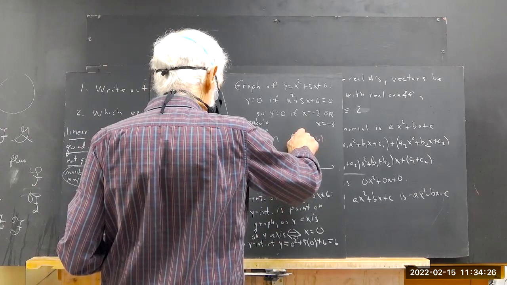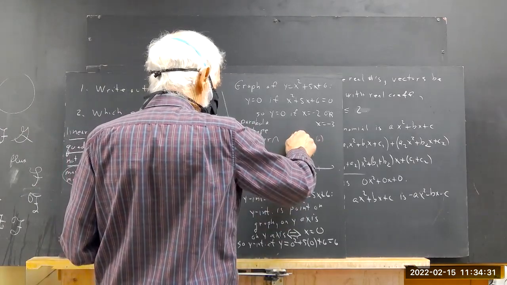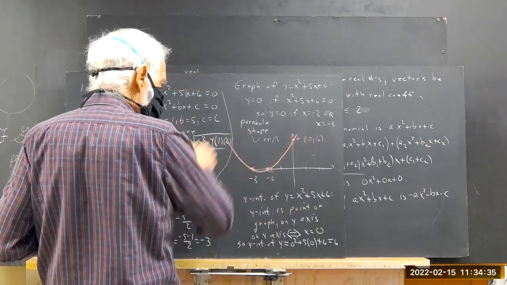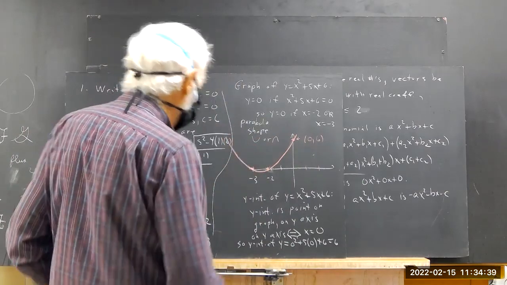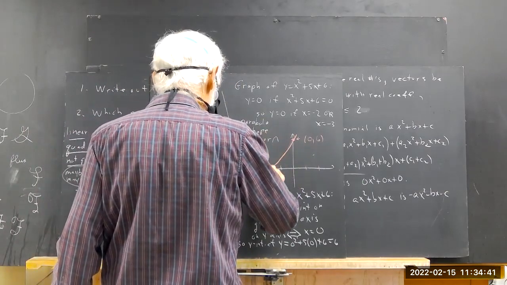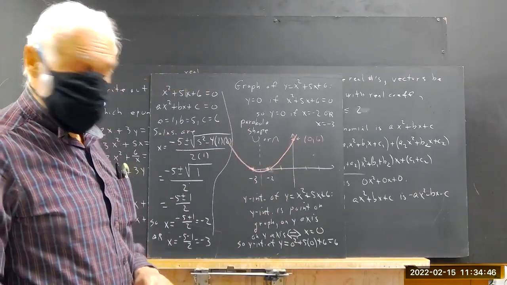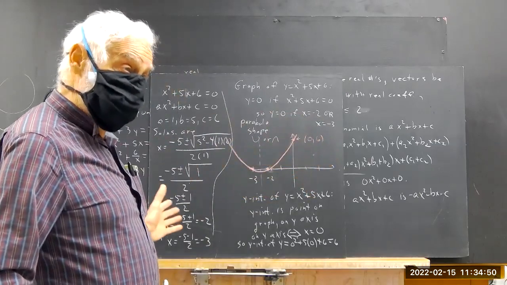Gonna have to come down here. Down here. Go through these points. Then come back up here. And just be nice and symmetric. So you can have what we call the axis of symmetry here. It goes halfway between the zeros because it's going to be symmetric on both sides, right?